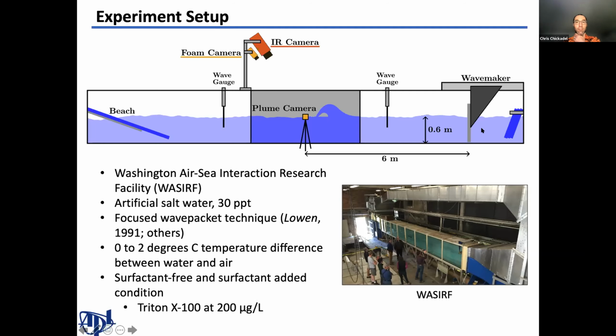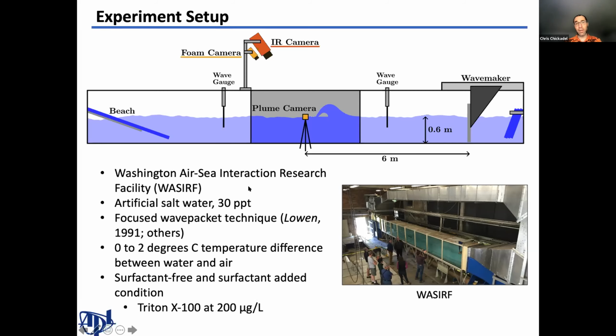We have a programmable piston-type wave maker, and a series of cameras, including an IR camera looking down at the surface, a visible band foam camera also bore-sighted with that IR camera, and a side viewing camera mounted to observe the plume.